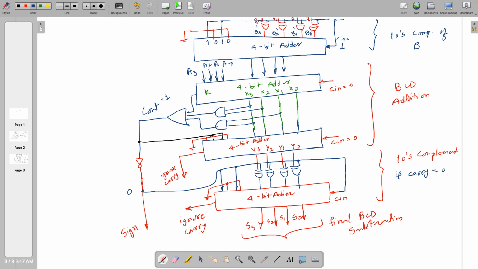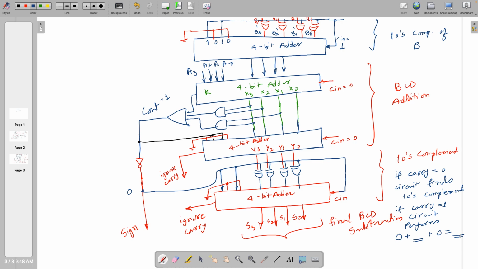So if carry equal to 0, then the circuit finds tens complement, and if carry equal to 1, the circuit performs 0 plus whatever number was coming plus 0, right?